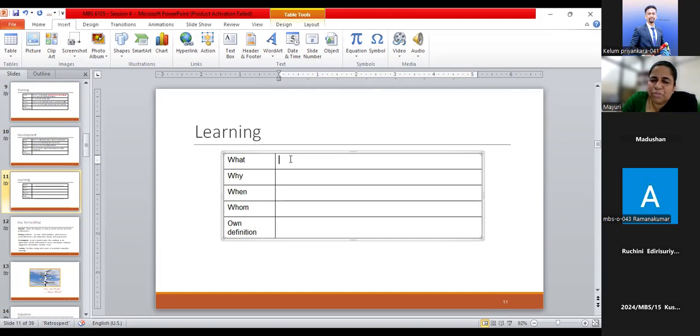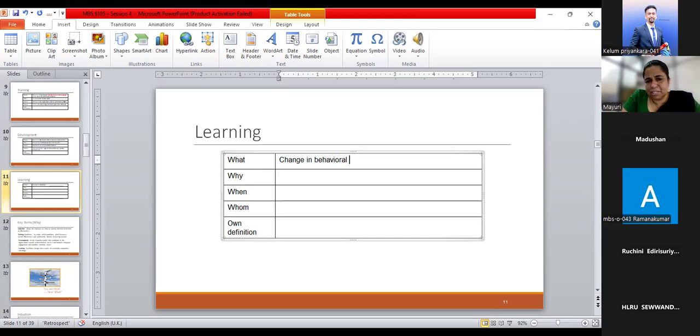Ma'am, is it changing behavior? Yeah, change. Change in behavior. Making a relatively permanent change in behavior, that's the formal definition.